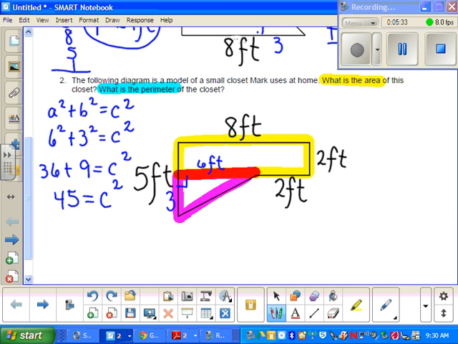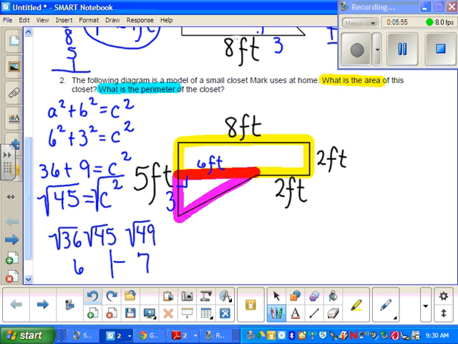Now that's not a perfect square root, so we're just going to have to find our estimate. So we know that the square root of 45 is between the square root of 49 and the square root of 36. And it is closer to 49, so it's going to be probably 6.7, somewhere bigger than 6.5.